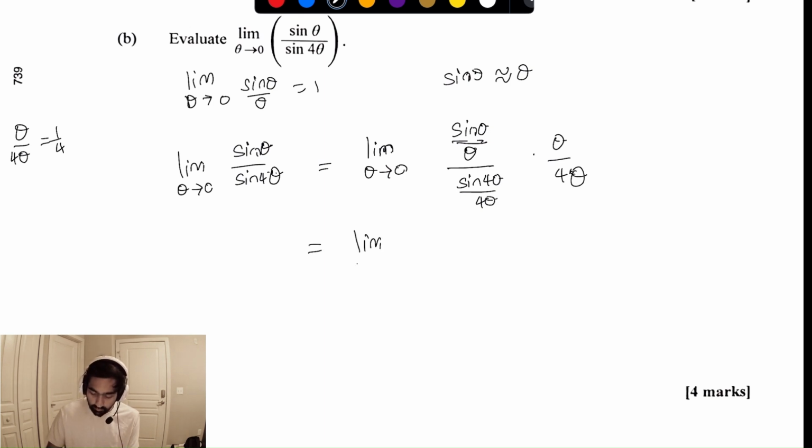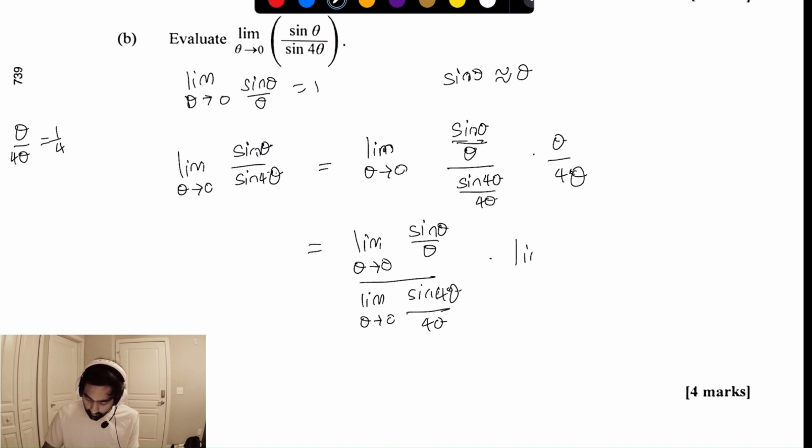So this is the limit as theta approaches 0 of sine theta over theta, over the limit as theta approaches 0 of sine 4 theta over 4 theta, times the limit as theta approaches 0 of theta over 4 theta.